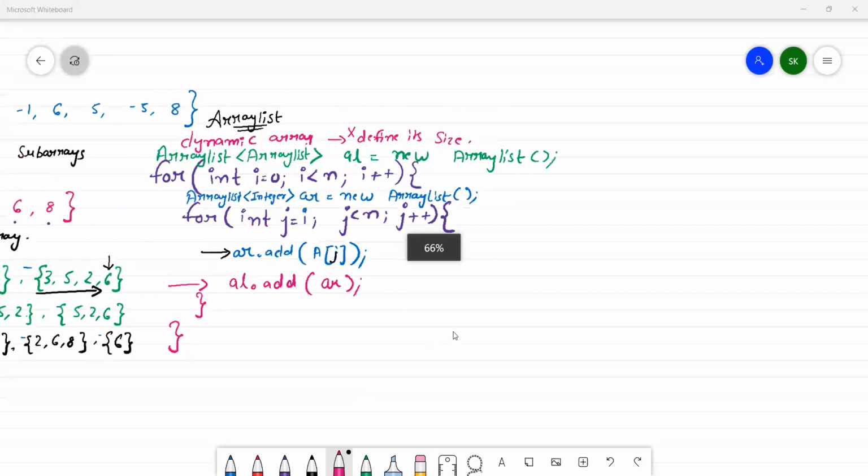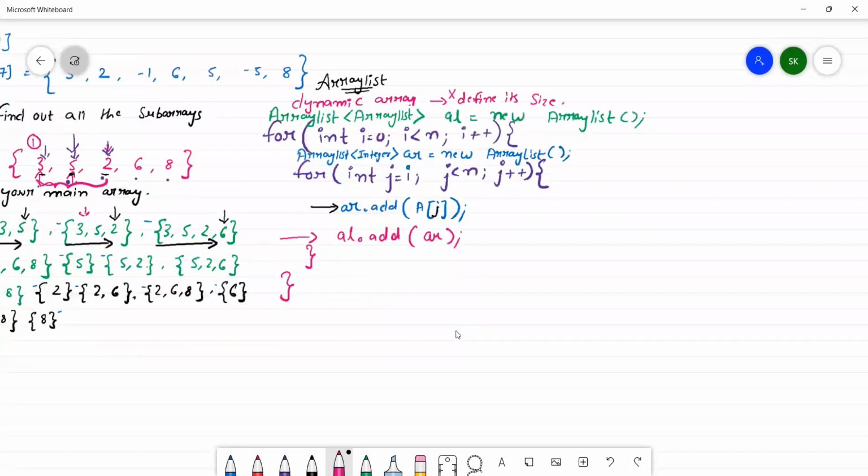See, once you get into this inner for loop, firstly 3 will come. Then this 3 is getting added to your array. Again, this loop will run. Let's just ignore this part right now. J will increase, and now 5 will be added to your same array, correct? Okay, now got it.